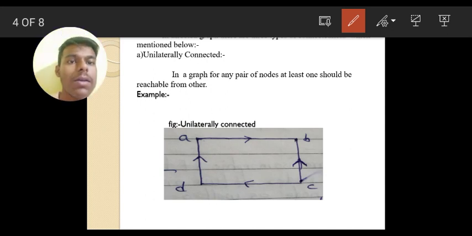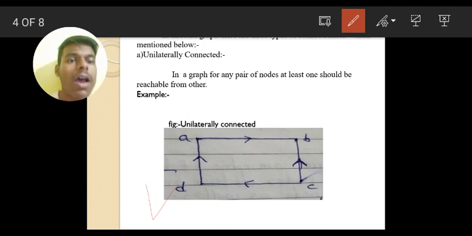As we can see, I represent one example here. B is reachable from A, C is reachable from B, and D is reachable from C. In this graph, at least one node is reachable from the other, so this type of graph is known as a unilaterally connected graph.